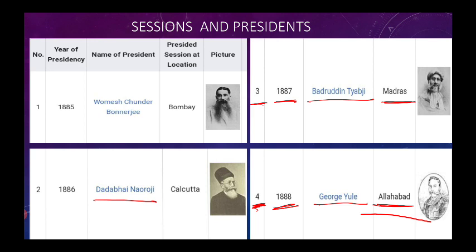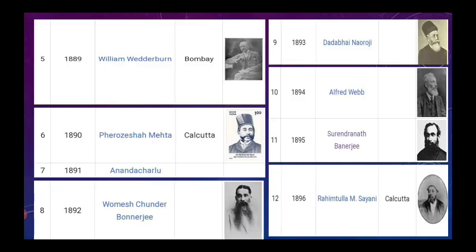Then the fifth was in Bombay under William Wedderburn. The sixth session was held at Calcutta in 1890 under the presidency of Feroz Shah Mehta.